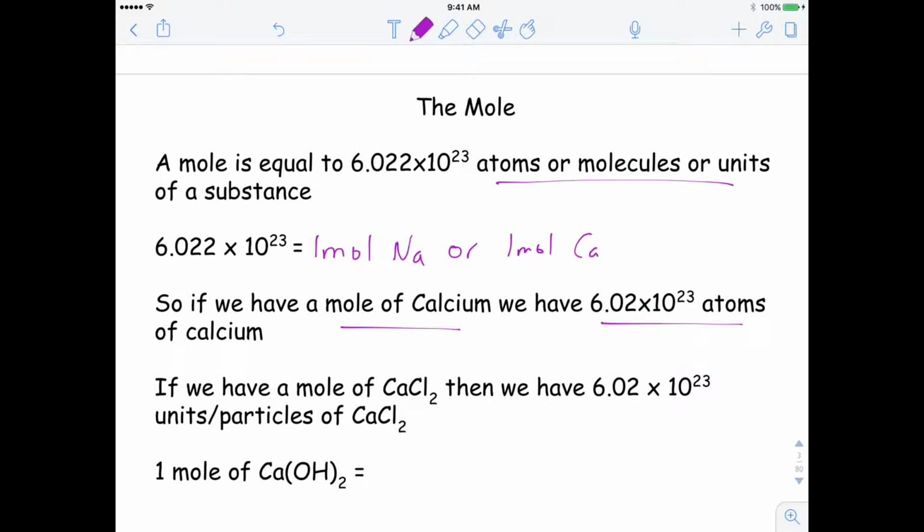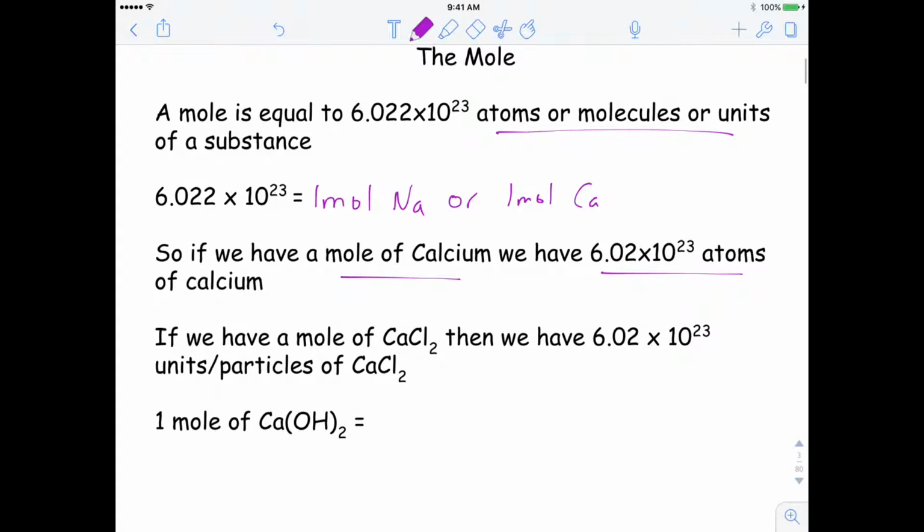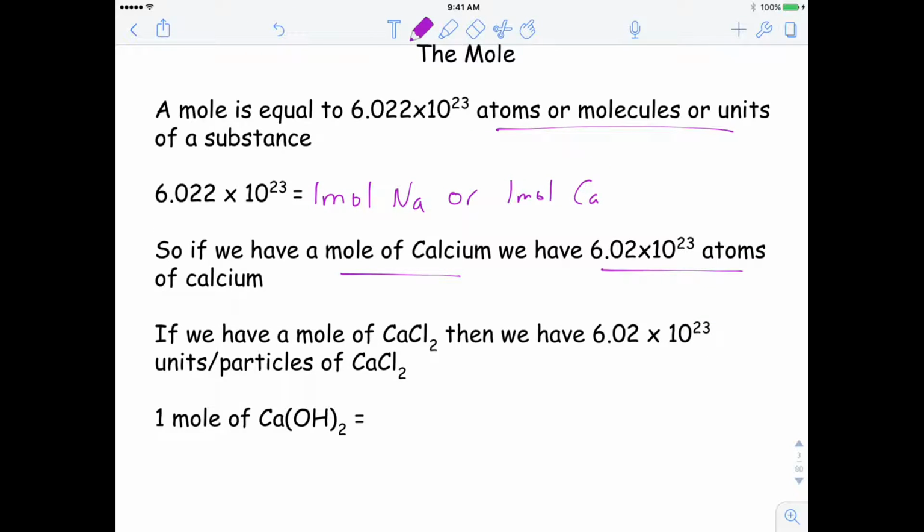But then I could have an ionic substance, like calcium chloride. If I have 1 mole of calcium chloride, then I'm going to have 6.022 times 10 to the 23rd units, or particles, of that. And why do I use the term particles or units? Well, I know what calcium chloride is made up of: a calcium ion and 2 chloride ions.